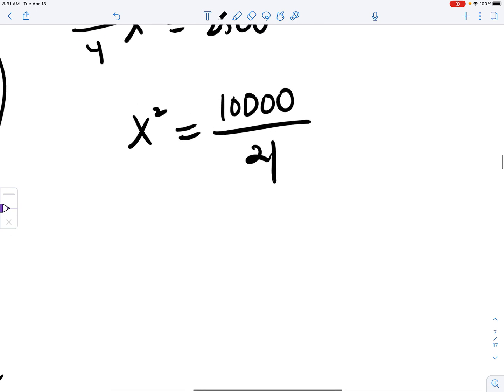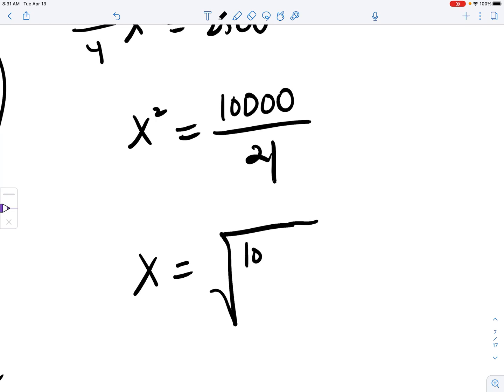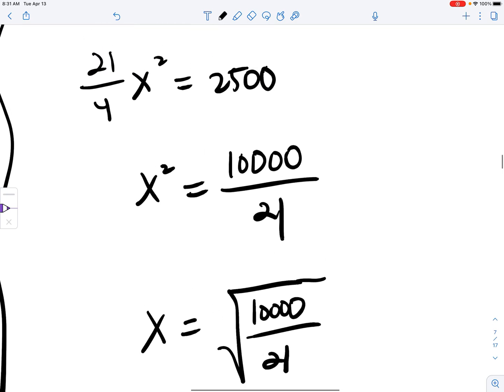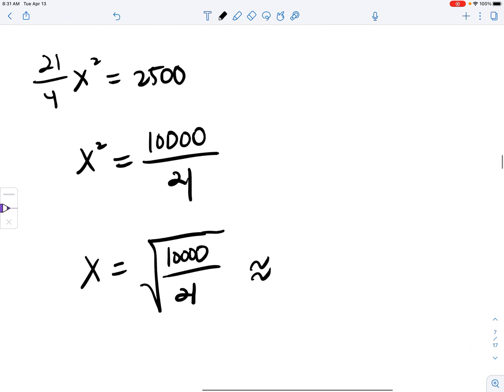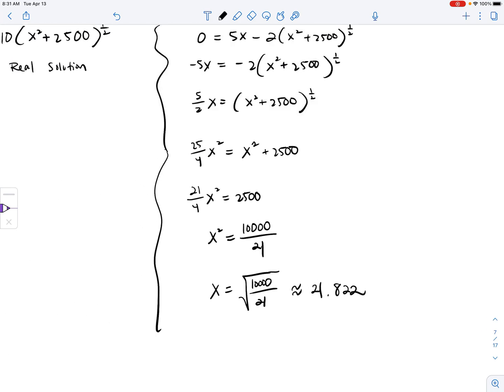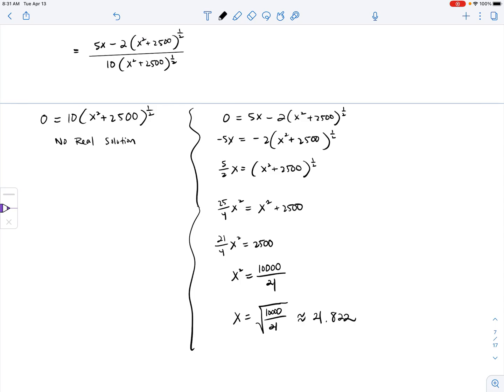Almost there. And then remember, x represents a distance. So x is going to be positive, so x will only be the positive square root of 10,000 over 21, which is approximately 21.822.